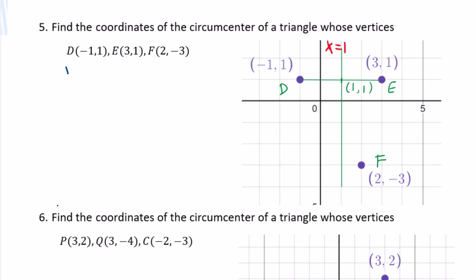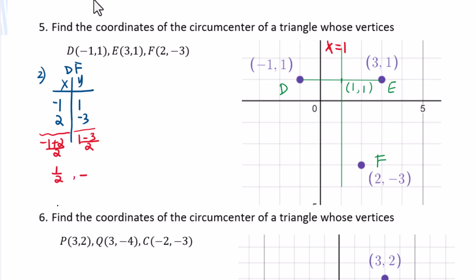Let's use DF. x, y: negative 1, 1, 2, negative 3. Negative 1 plus 2 over 2, 1 minus 3 over 2 to get the midpoint. 1 over 2, negative 1 is the midpoint of DF.